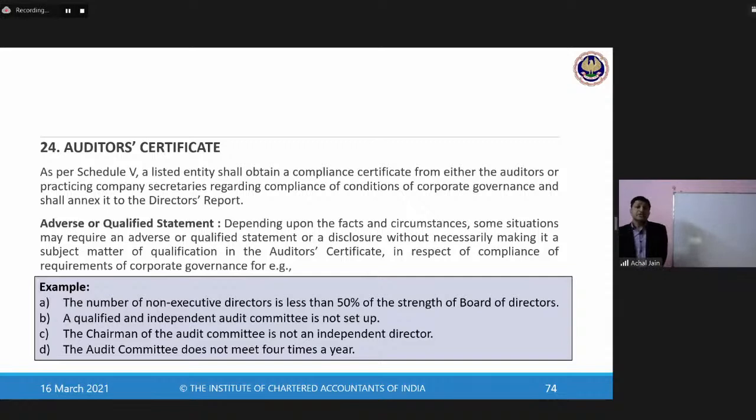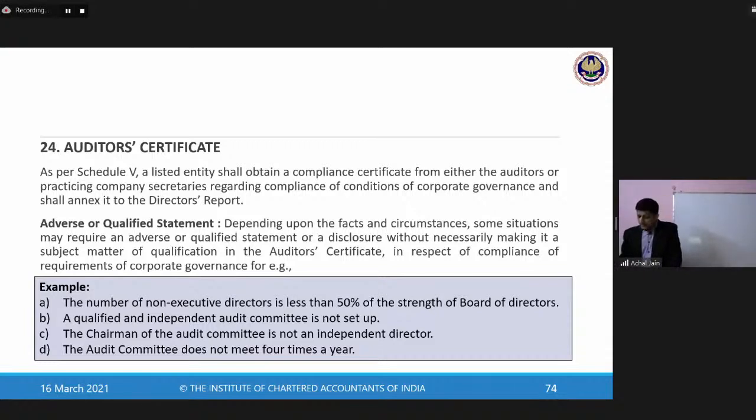Next, chairman of the audit committee, who should have been an independent director, was not the independent director in case of that company. So, this line will also appear. Audit committee did not meet 4 times in a year.